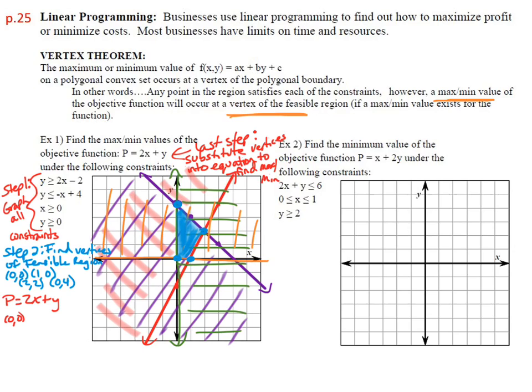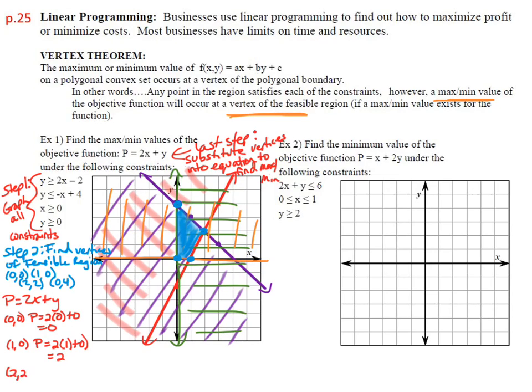If we start with (0, 0), then p is going to be equal to 2 times 0 plus 0, which is just 0. If we're talking about profit, there's no profit. If we have the ordered pair (1, 0), then p is going to be equal to 2 times 1 plus 0, which gives us a value of 2.